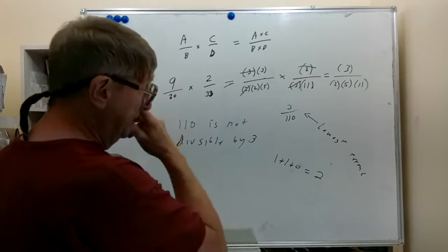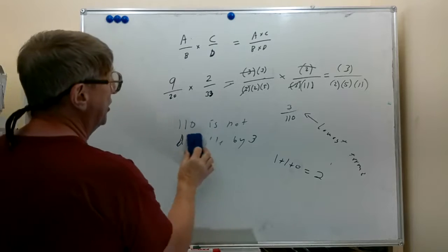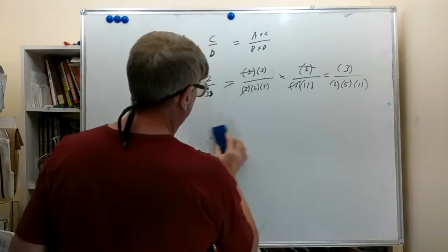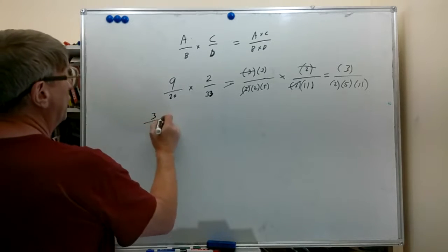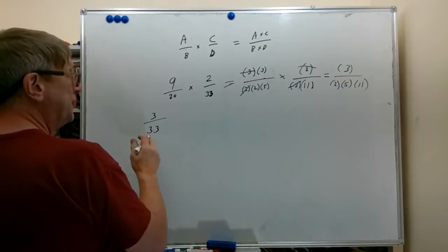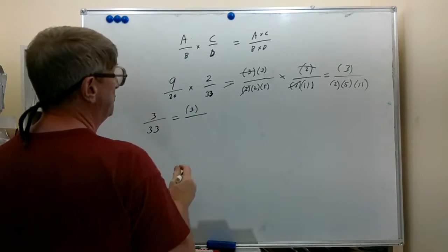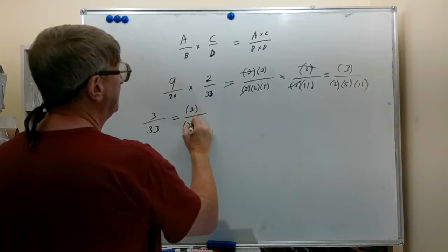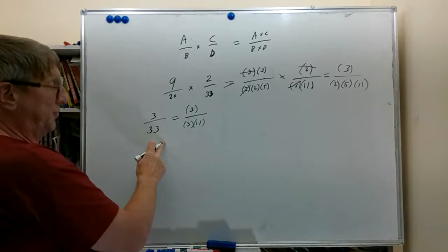But a prime in the numerator or the denominator does not always mean that it is in lowest terms. Like we had 3 over 33. Well, 3 is prime, but 33 is 3 times 11, because 3 times 11 does in fact equal 33.